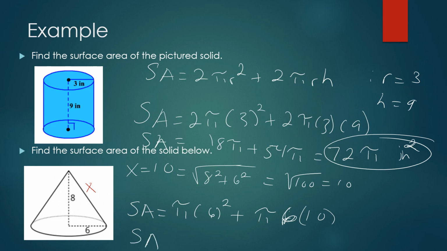So surface area is going to equal 36 pi plus 60 pi, which is a total of 96 pi. Now, because the units are not stated, we're just going to write units squared.